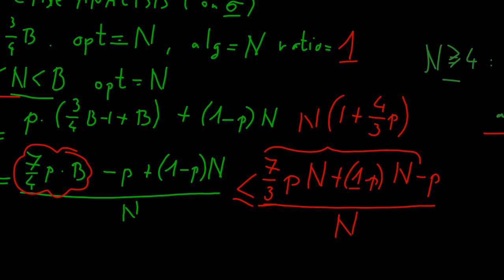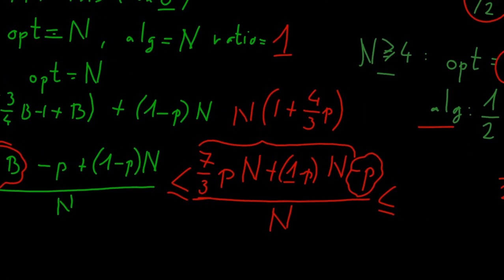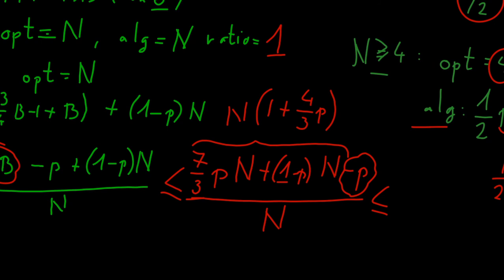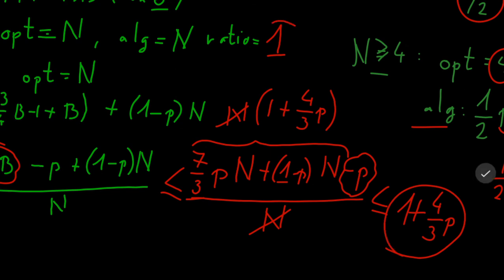Well, since p is non-negative, we can just get rid of it and cancel out those n's, and we will get 1 plus 4 over 3 times p. So this is an upper bound for the ratio.